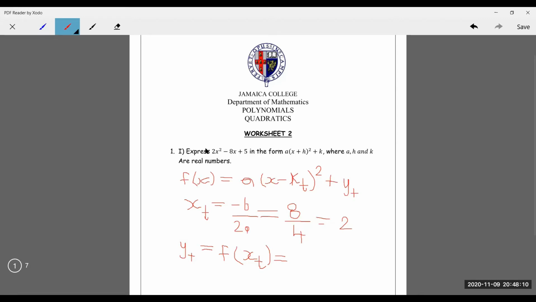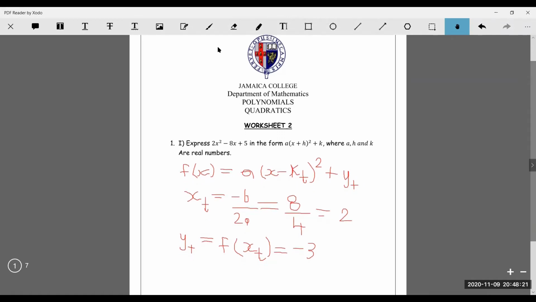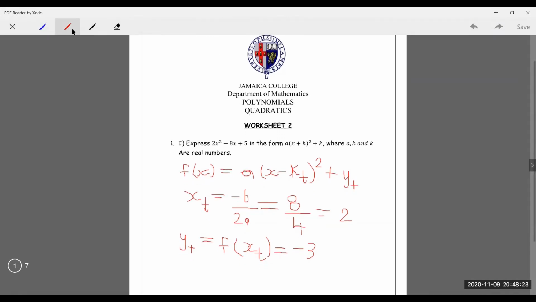So we put 2 into the function right there, and I'm getting minus 3 from my calculations. So I get minus 3.